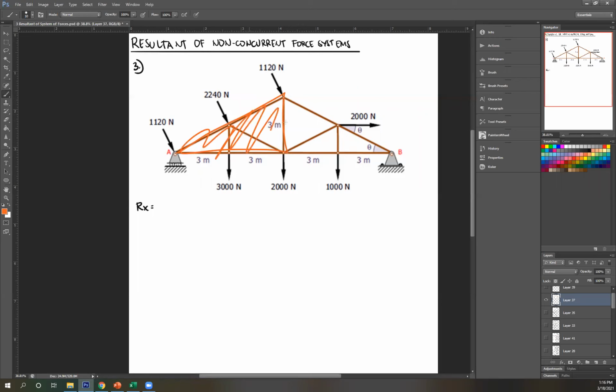Considering this large right triangle, this is 3, 3, 6. This is 2. So this slope equals this slope. So this is 6, this is 3. Simplifying that, it's 1 is to 2. 3 is to 6 is also equivalent to 1 is to 2.